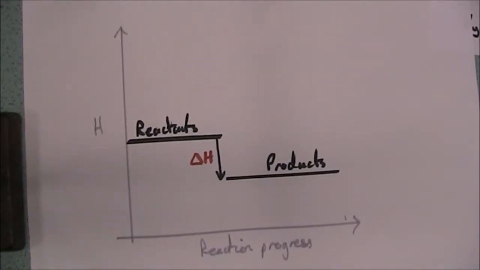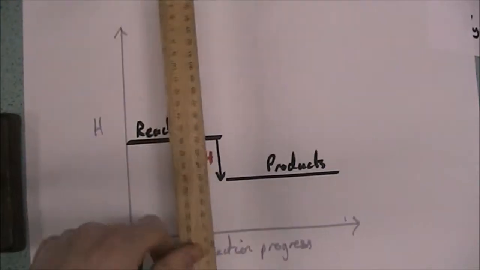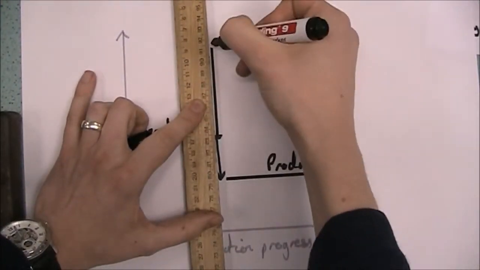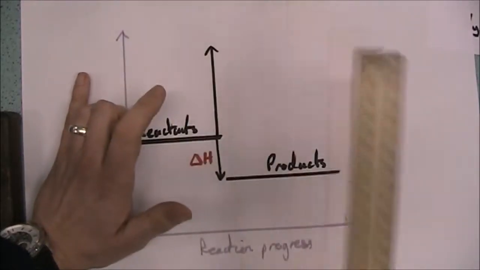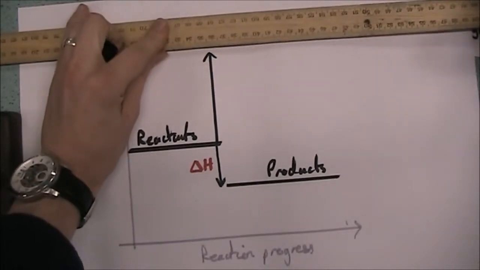For example, purely theoretically, we could break them up into single atoms, and we could break all of the bonds in the molecule. That would take an awful lot of energy. So in that case, we would have to go up to a much higher energy state.